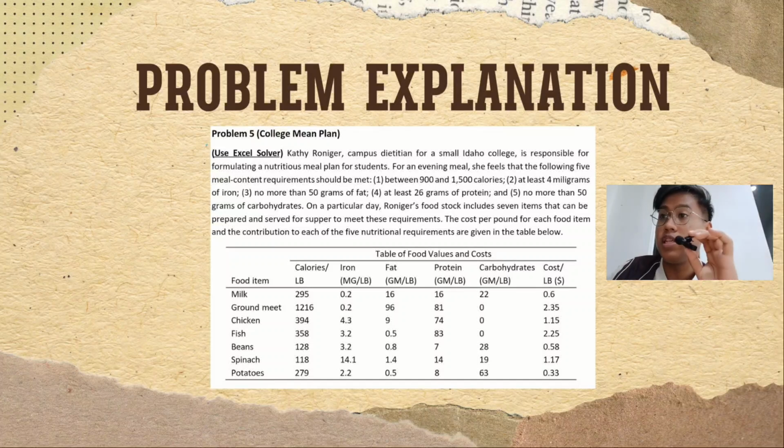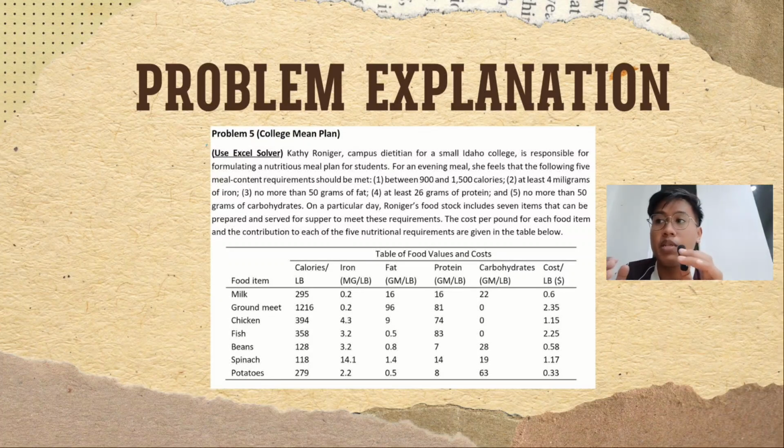The problem focuses on designing a cost-effective college meal plan using linear programming. A campus dietitian is responsible for preparing a nutritious evening meal for students while keeping the total food cost as low as possible. There are 7 available food items, and each item contributes different amounts of calories, iron, fat, protein, and carbohydrate.